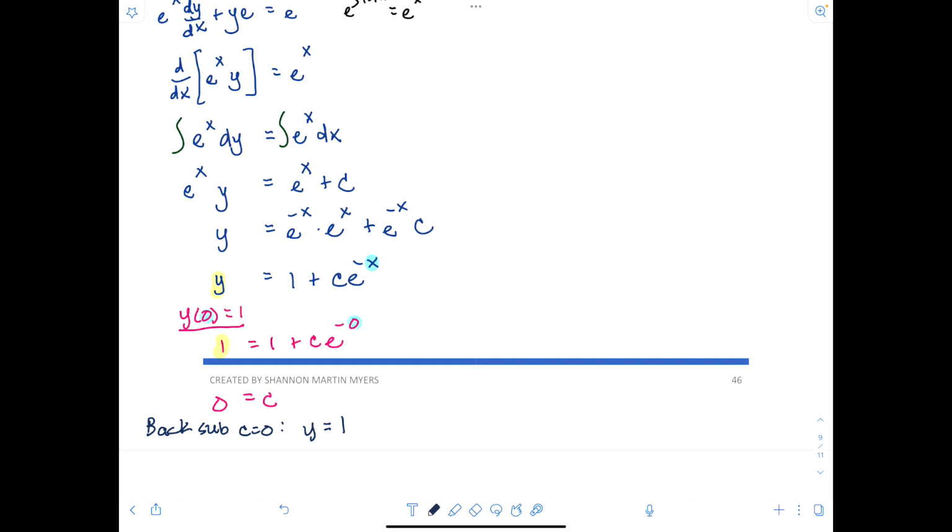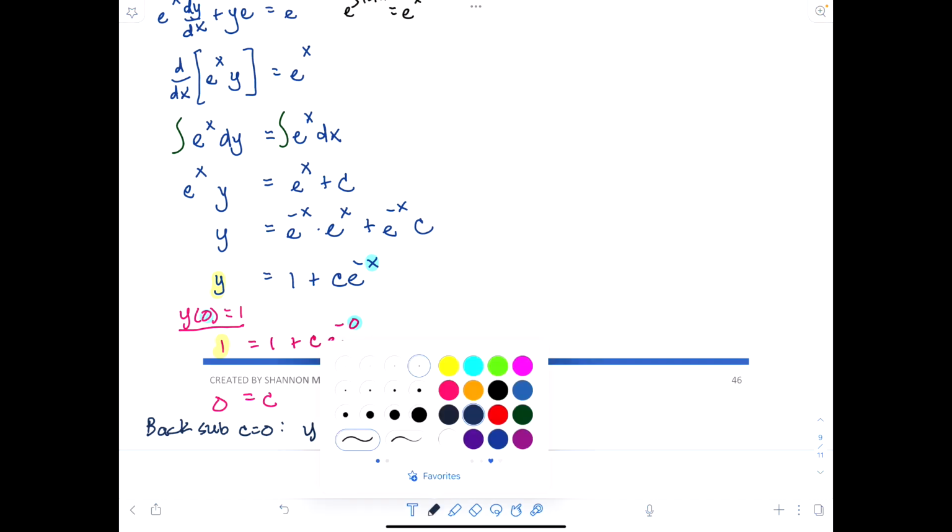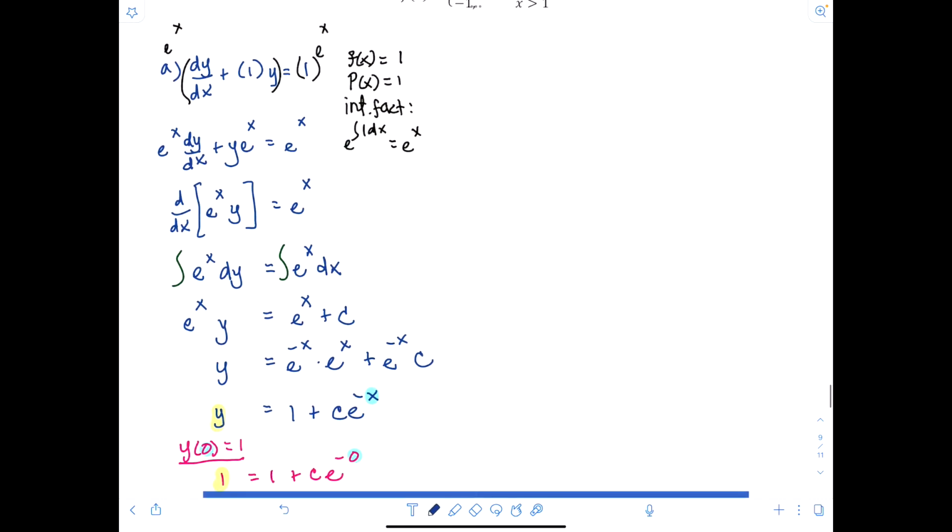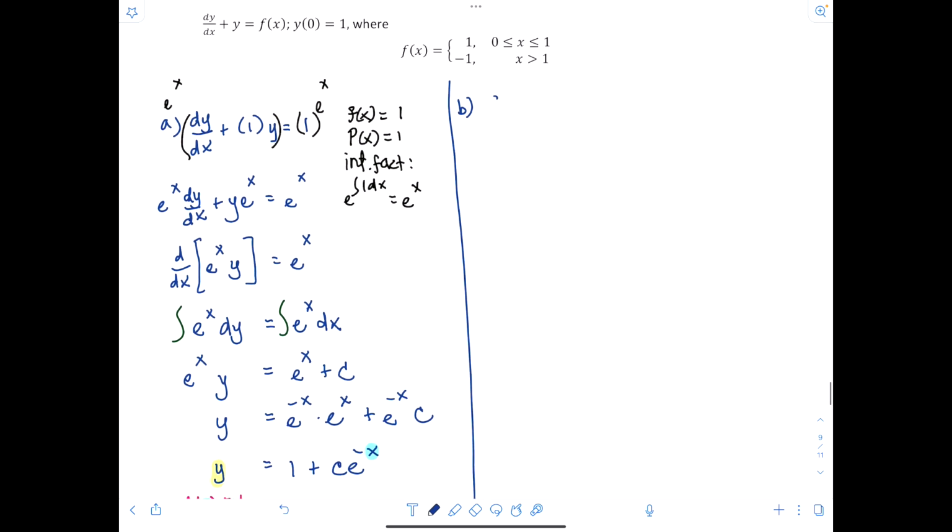Cool? All right, now we'll go and do the other side. So we'll call this b. So now we're doing dy dx plus 1 times y equals negative 1.